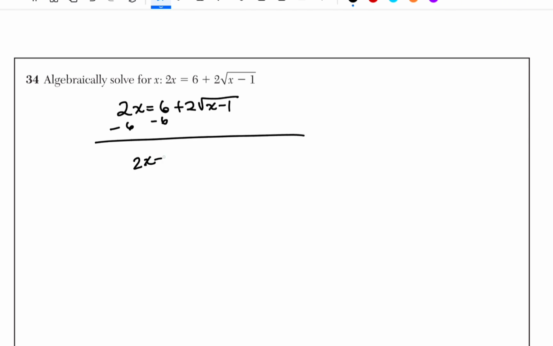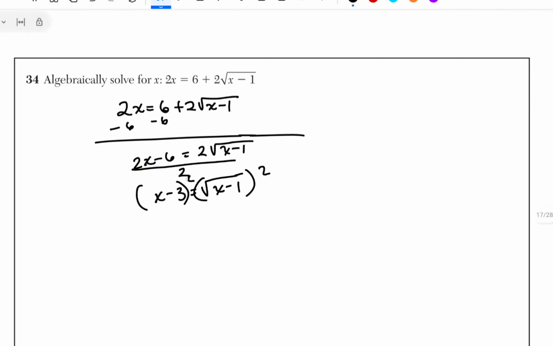So you get 2x minus 6 equals 2 square root of x minus 1. Next thing that I can do is divide by 2 on both sides, so x minus 3 equals square root of x minus 1. I can square both sides so that I end up getting x squared minus 6x plus 9 equals x minus 1.